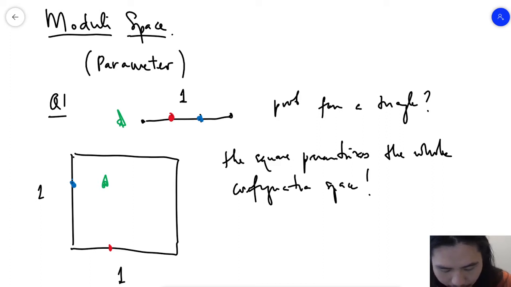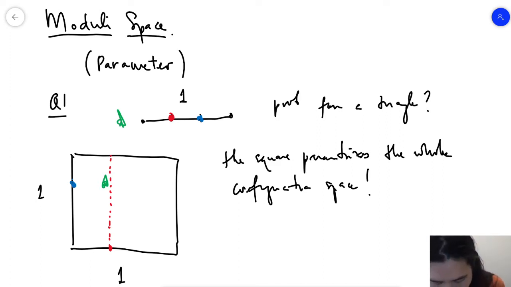So for instance, let's consider the red point, without loss of generality. Let's assume that the red point is on the less than halfway of the stick. So consider all configurations that has that particular red point. So the question is, what are the configurations that allow for them to form a triangle?